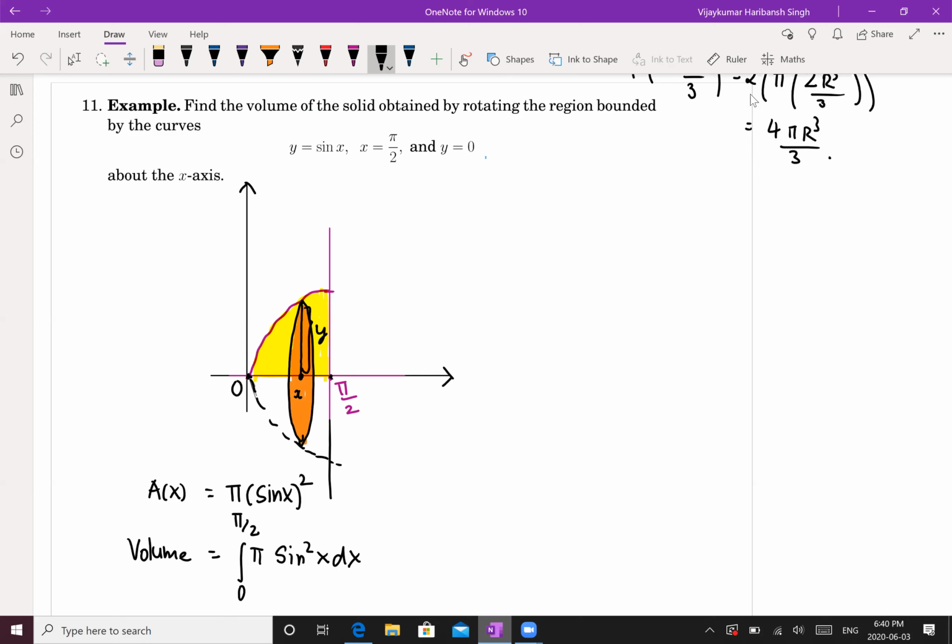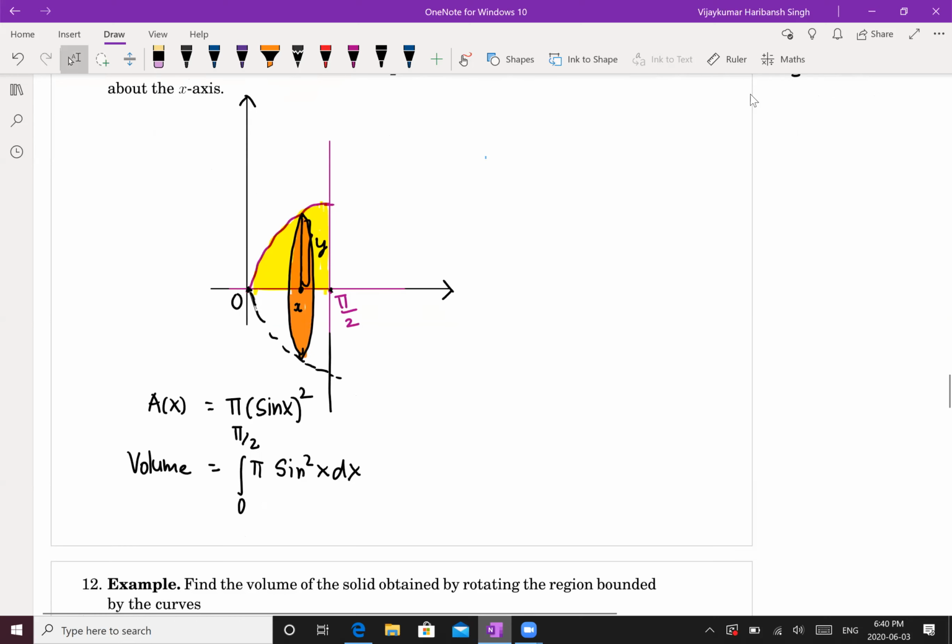Now you want to integrate this. So take pi out, 0 to pi by 2. Now there is no direct formula for sine square x. However, if we use the double angle formula, we can see that sine square x is 1 minus cos 2x by 2.